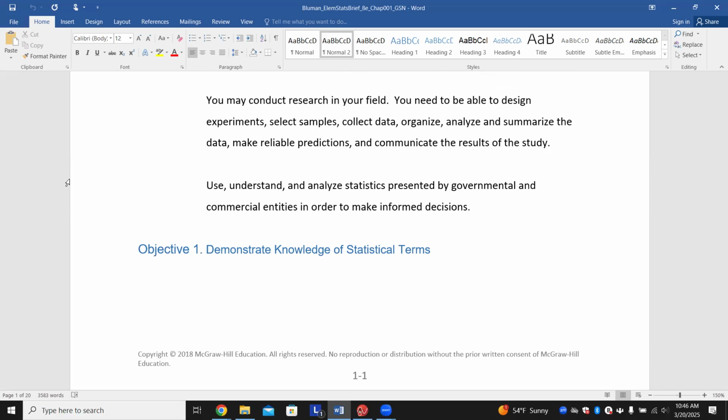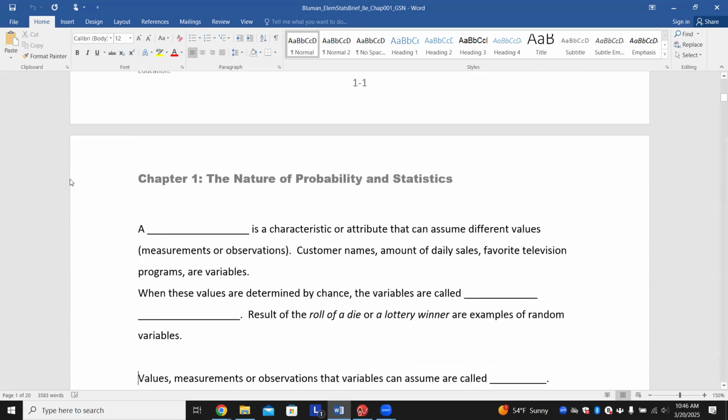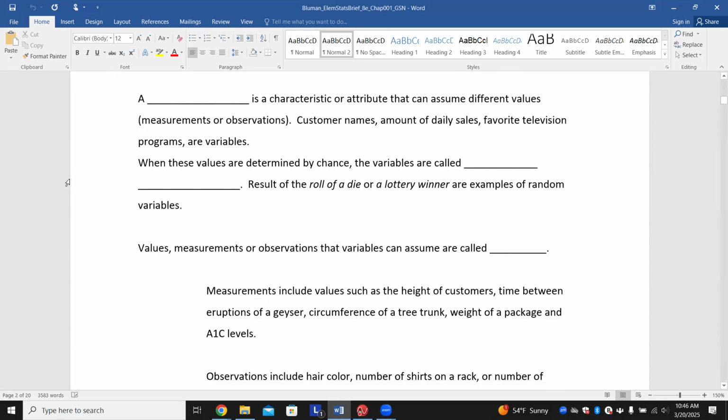All right, in this first objective, we're going to demonstrate knowledge of our statistical terms. A variable is a characteristic or attribute that can assume different values, measurements, or observations. Customer names, amount of daily sales, and favorite television programs are all variables.